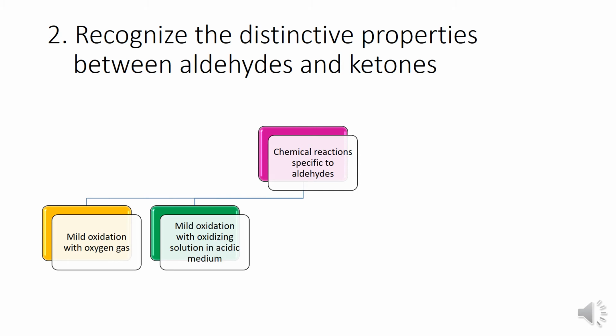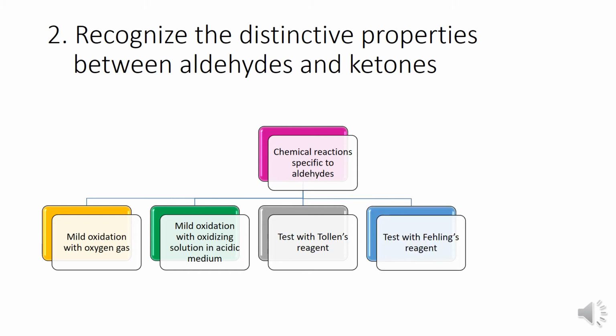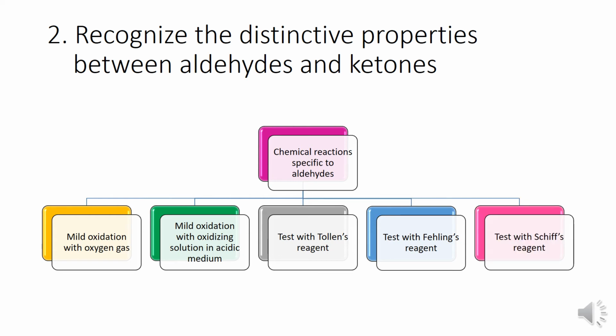The second one is mild oxidation with an oxidizing solution in acidic medium. The third one, test with Tollens reagent. The fourth one, test with Fehling's reagent. And the last one, test with Schiff's reagent. So let's start with the first one, which is mild oxidation with oxygen gas.